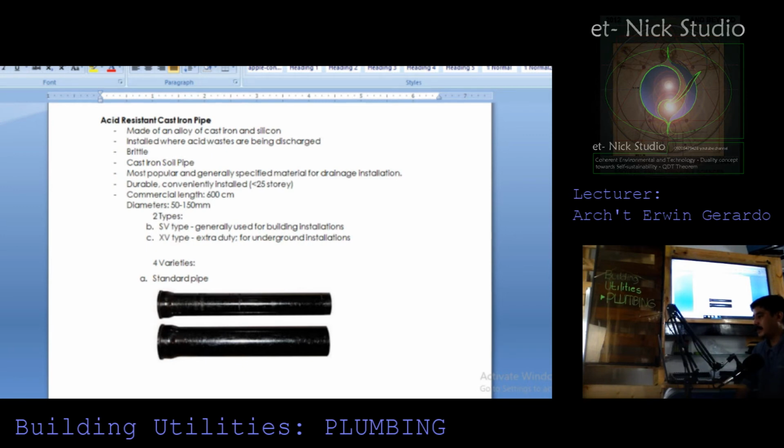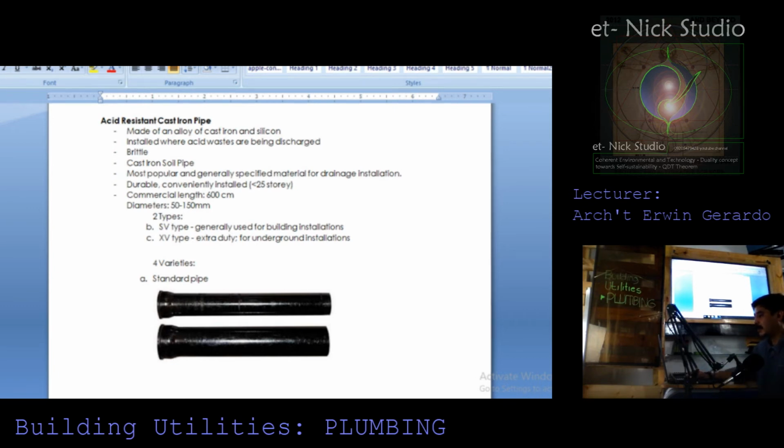It is brittle. Cast iron soil pipe is the most popular and generally specified material for drainage installation. It is durable, conveniently installed for 25 stories high structure. Commercial length is 600 centimeters.